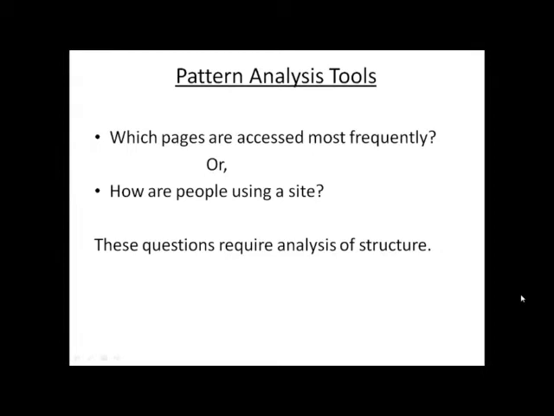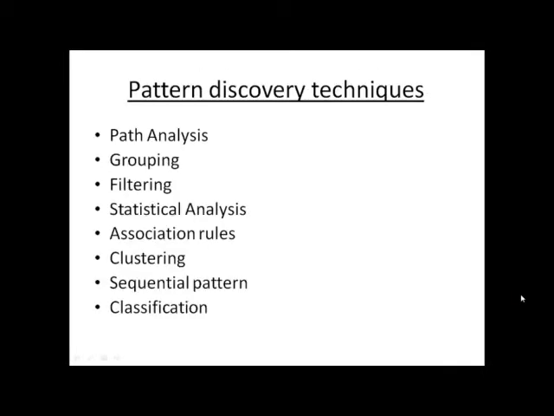Under pattern discovery there are a few more terms like clustering and classification. These are techniques for pattern discovery. And what is clustering? A technique to group together users or data items, meaning pages here, with similar characteristics. It can facilitate the development and execution of future marketing strategies.